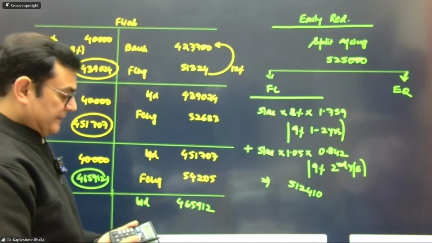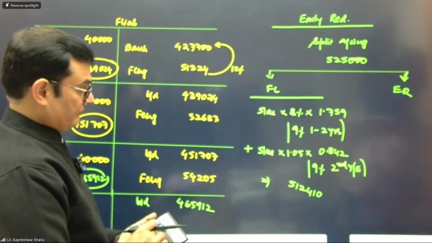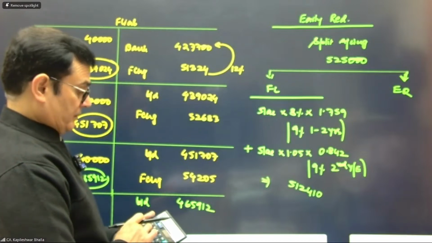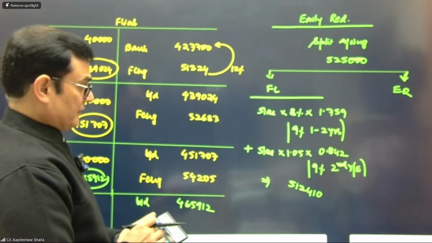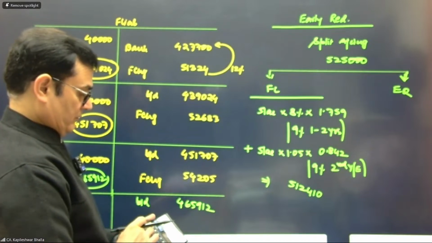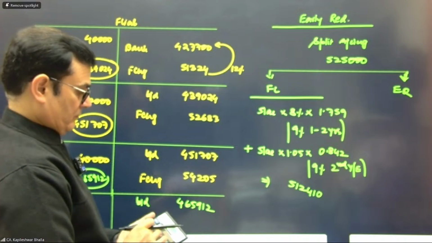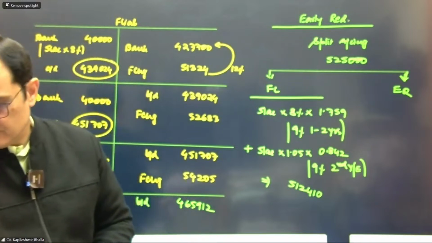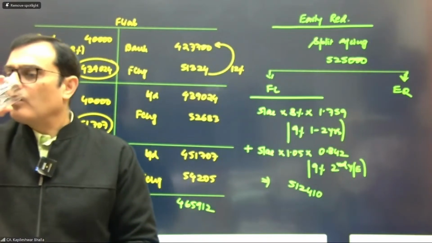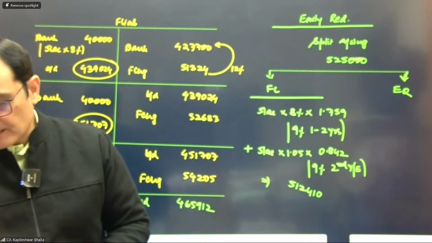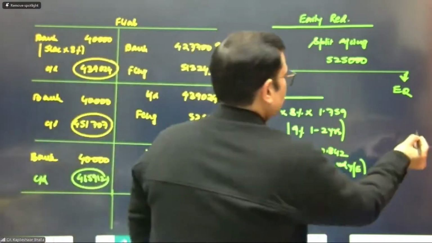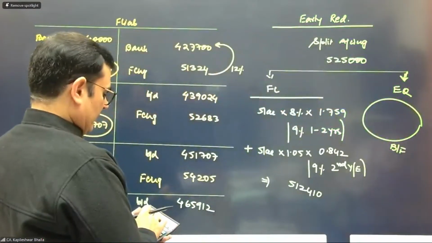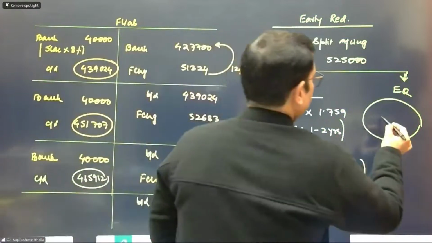Just see if this is correct. 491,360. Let me check it again. 70,360. I think it is 512,410. Yes, sir, correct. Then we can take the equity as a balancing figure. So out of 525, this comes to 12,590.